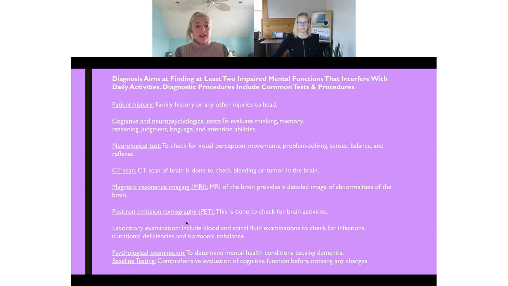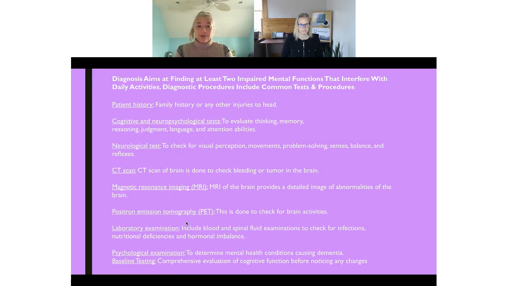CT scans. They scan the brain to check for bleeding or tumors, so more of a physical view of it. Magnetic resonance imaging, or MRIs. They provide detailed images of abnormalities of the brain, so you can look at, all right, does this look off? Does everything look healthy in the brain? Do things not look healthy in the brain?